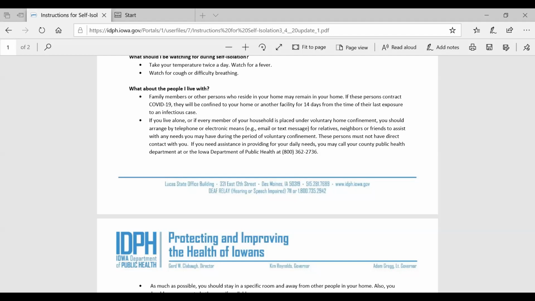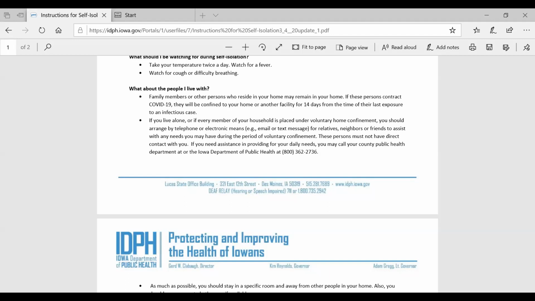We're asking you not to use it at this point. There are certain specific situations when expired PPE can be used. So if you have questions about that, I would suggest that you go ahead and contact us, and we will walk you through what the uses of that PPE can be.